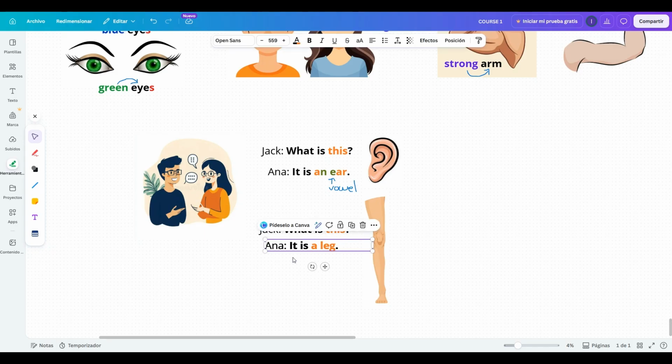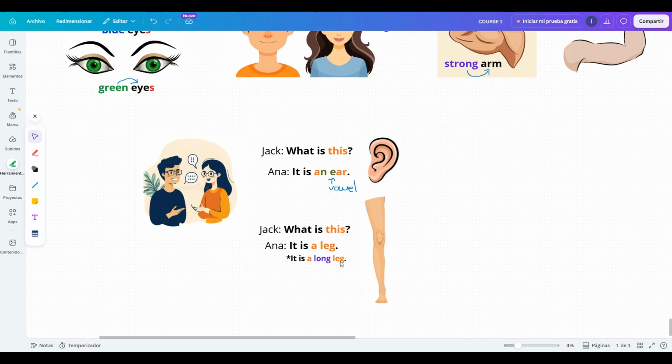But sometimes you can use some adjective, as I said previously, right? Hey, it is a long leg. Yes, you're describing with a characteristic. It is a long leg.